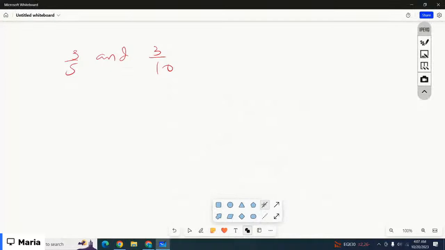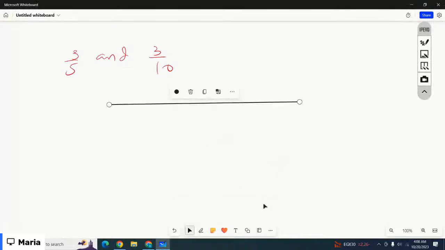One more line I need to draw. They are exactly the same length. Basically, I'm using this tool for the first time.